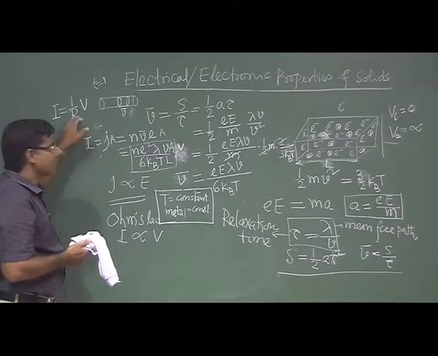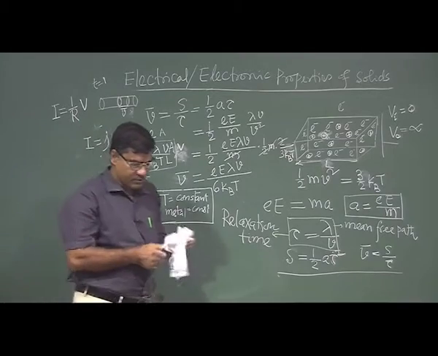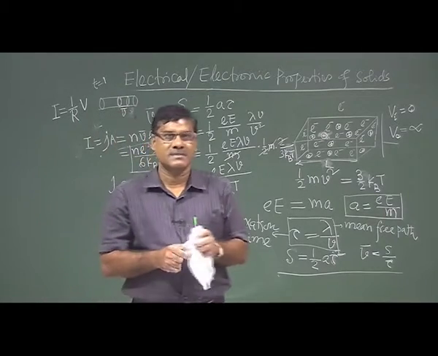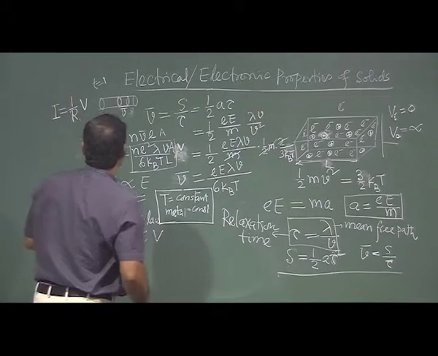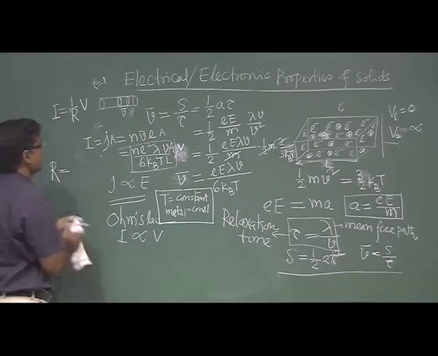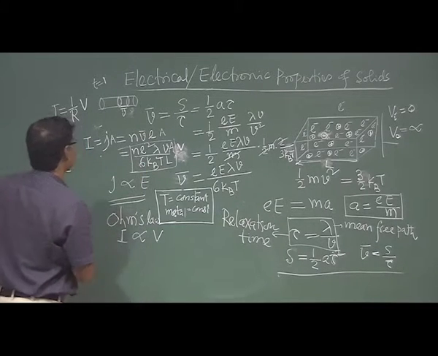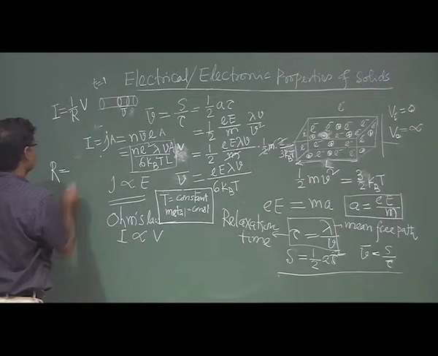So, this R is called the resistance, 1 by R will be conductance, right. So, R equal to, from here I just have to invert it.